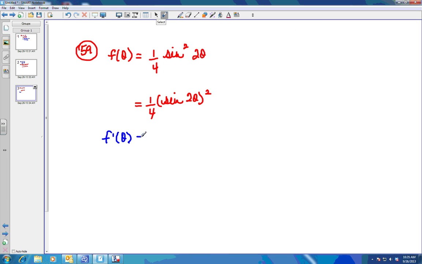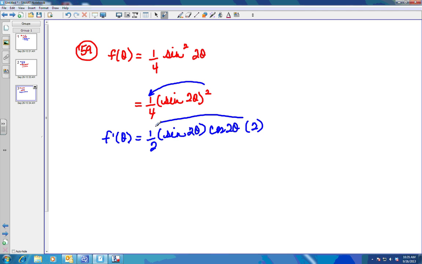F prime of theta equals, bring down your exponent. 1/4 times 2 would be 1/2. Keep the inside, times the derivative of your inside. The derivative of sine 2 theta would be cosine 2 theta times 2. Now remember, we're going to bring this 2 out in front of what it's being multiplied by. So 2 over 2, that's just going to be 1. So my final answer is sine 2 theta cosine 2 theta.